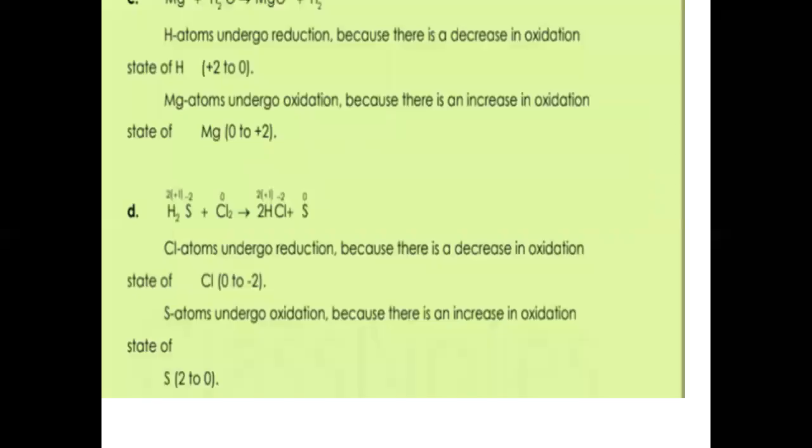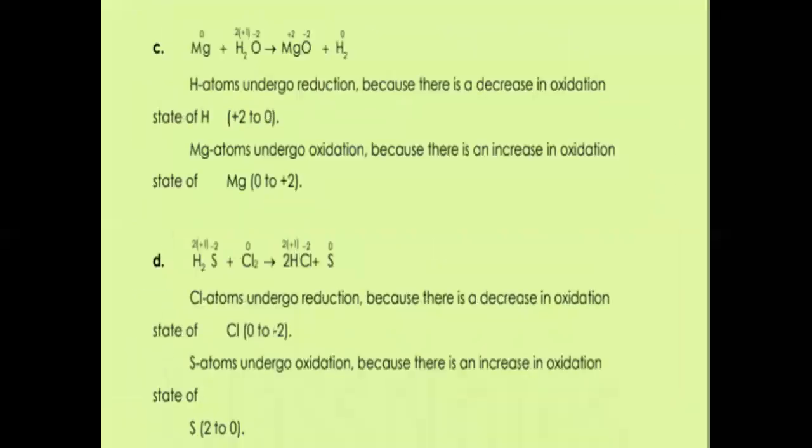Next part is magnesium when it reacts with water to give magnesium oxide and hydrogen gas. Assign the oxidation states: magnesium in elemental form 0, one oxygen -2, and in order to balance it, +2 is for 2 hydrogen atoms, and for 1 hydrogen atom it will be +1.